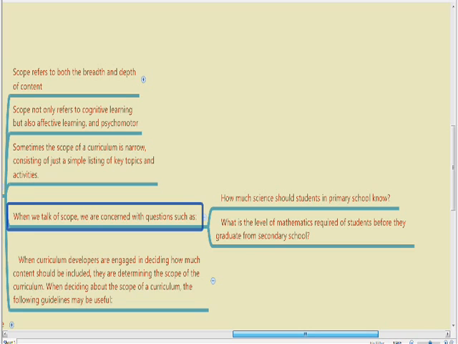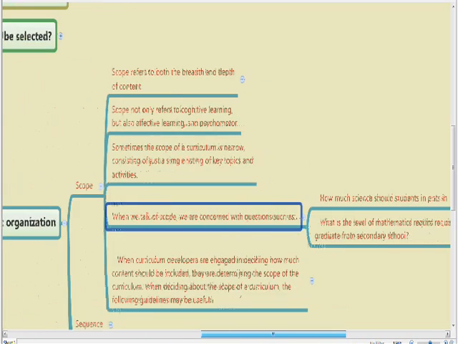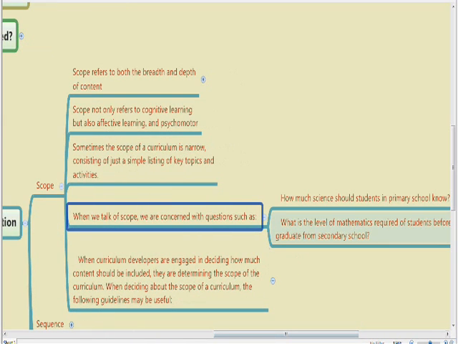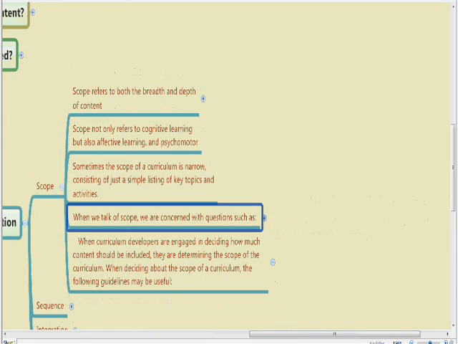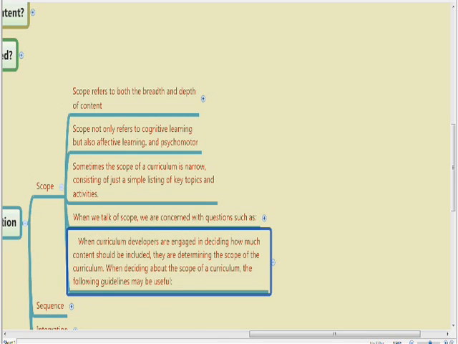That could become an issue in implementation, because we have too many things to implement, and sometimes they are inconsistent. The final part of the scope is, when curriculum developers are deciding how much content should be included, they are determining the scope of the curriculum. How much, that's where you decide the scope.